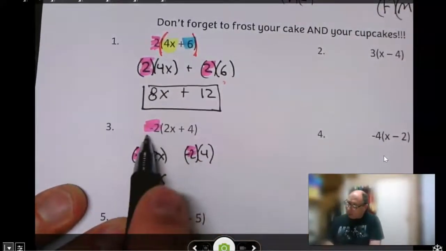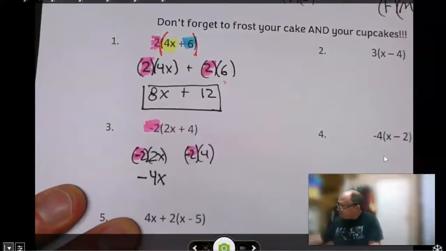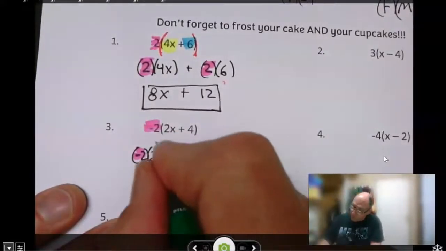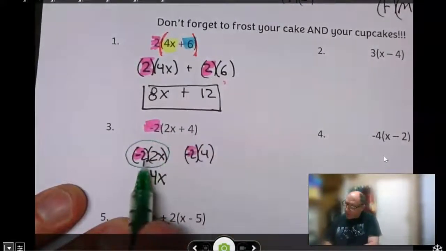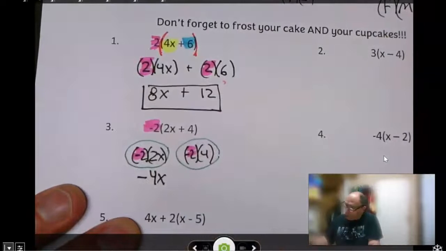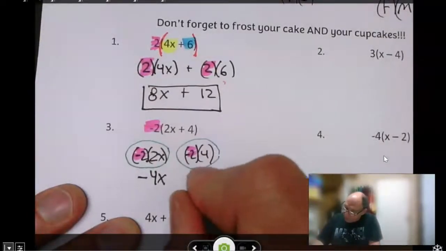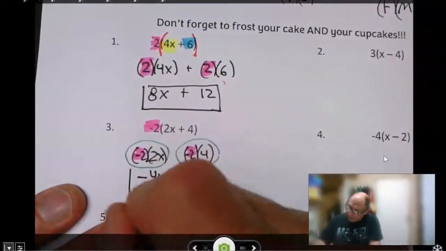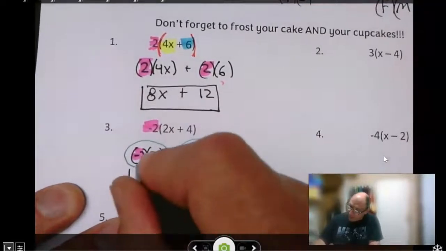See, I'm frosting with a negative number because this is a term. Let's remember that this is a term, and if I have a negative in the term in the bubble, it's negative. Same with this as a term. If I have a negative in the term, this becomes negative 8. So my final answer, negative 4x and a negative 8.